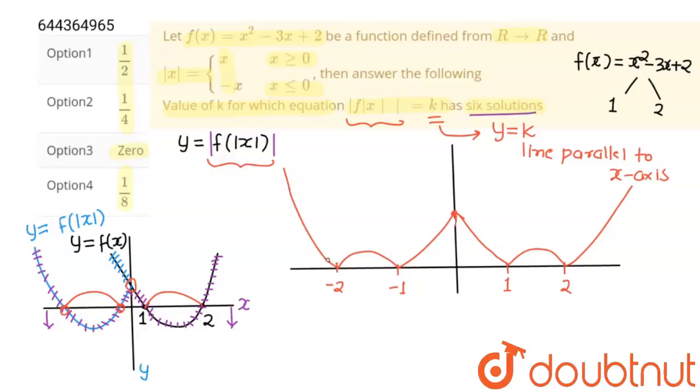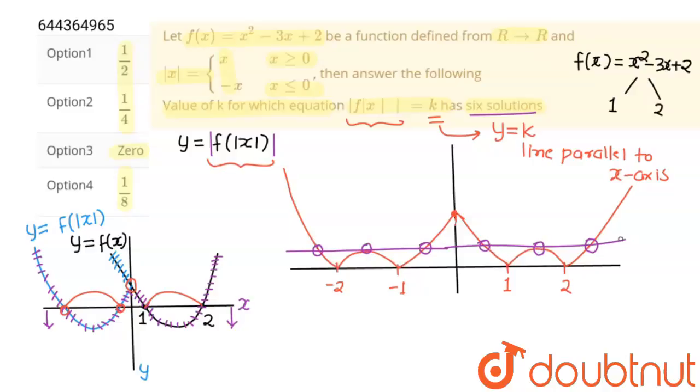So when will we get 6 solutions? See, if this line will be this, then here you can see both the pink line and this red curve cut each other at 6 points. So you'll get 6 solutions.